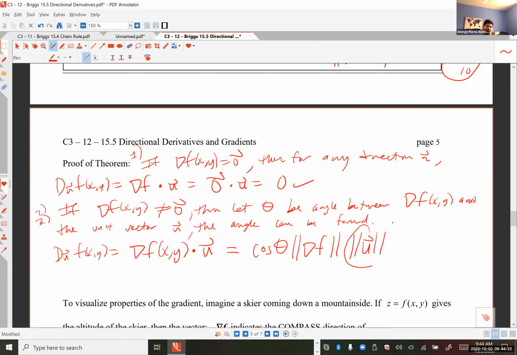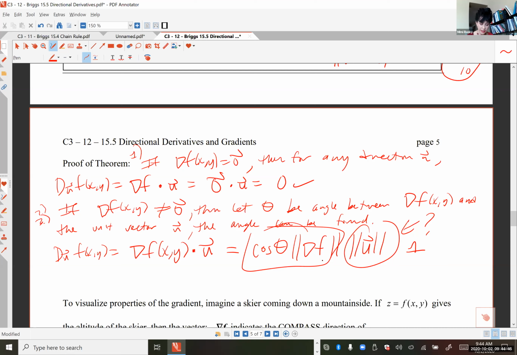Now, because u is a unit vector, what is the magnitude of u? This is not a trick question. So really, the directional derivative is always going to be cosine theta, an alternate way to find your directional derivative, multiplied by the magnitude of your gradient.